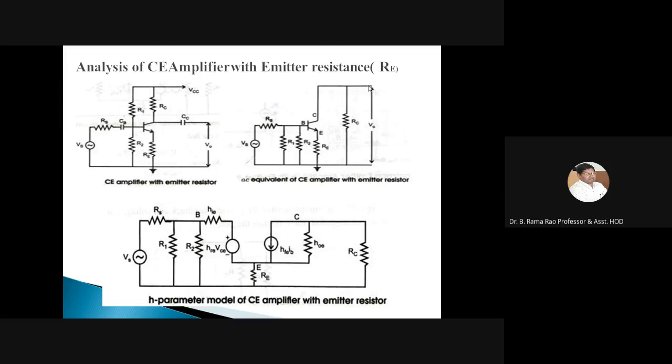After shorting the capacitors and DC voltage, we have redrawn this circuit. Now we replace the collector, base, and emitter terminals of the transistor, and we have replaced the transistor with its equivalent hybrid parameter model.